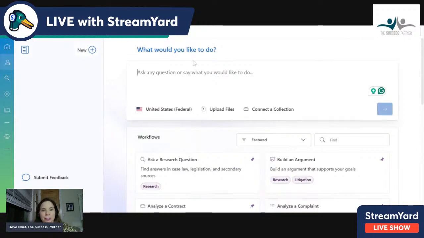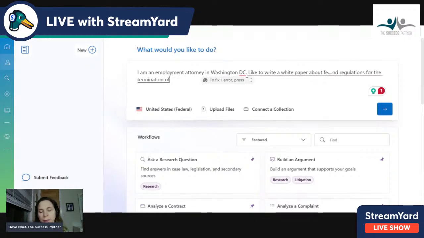We're going to poke around with it. We're just going to do some research. So let's see. If I'm going to talk, I should use the voice function. There we go. I am an employment attorney in Washington, D.C. I would like to write a white paper about federal rules and regulations for the termination of federal employees.